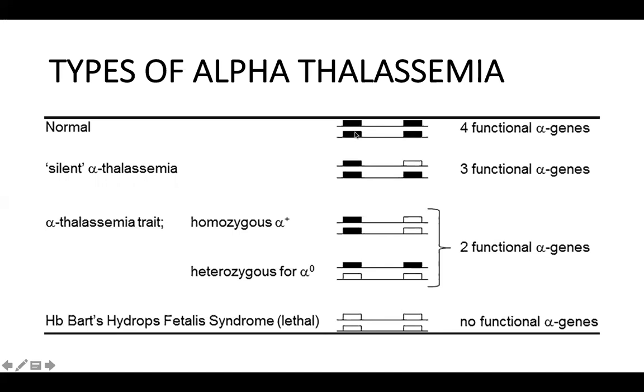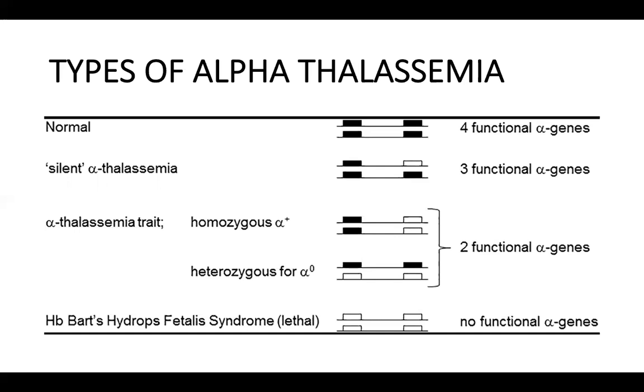You've got 2 on each chromosome, okay? With a silent alpha thal mutation, you have 1 gene that's missing and 3 that are normal.